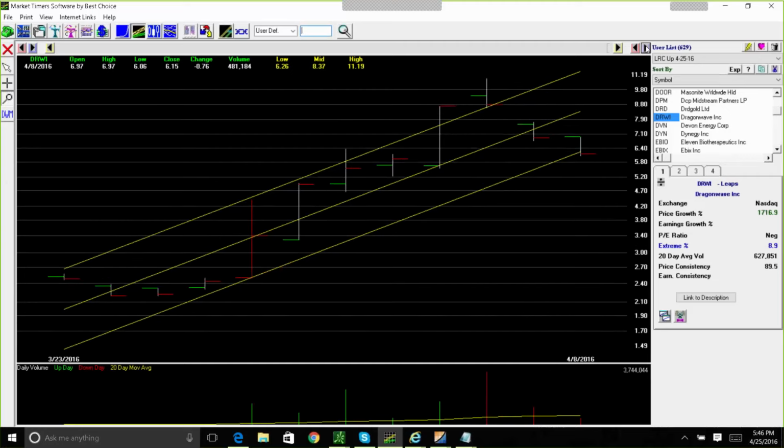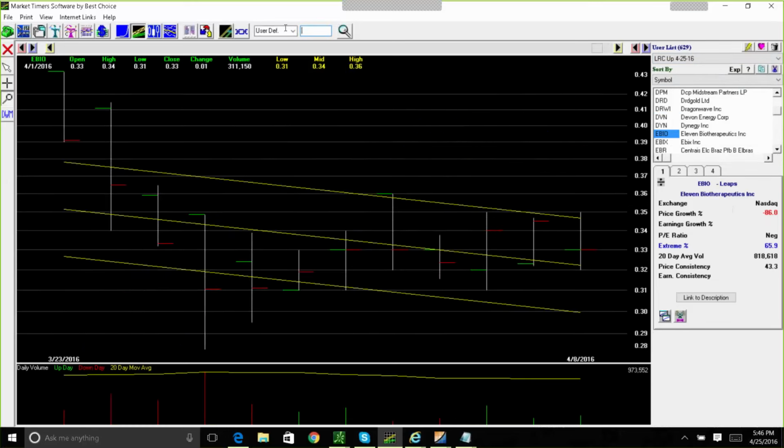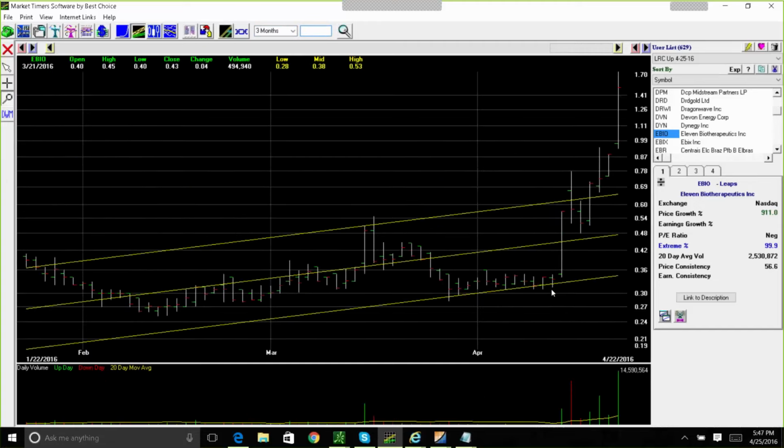And again, this was a stock that we found on the long squeezes. So it had a really long period of low volatility before it broke out. And I'll just show you eBios, the other one that was on the in-play template. Let's look at that over a 3-month period. So again, it's had a pretty strong breakout recently.